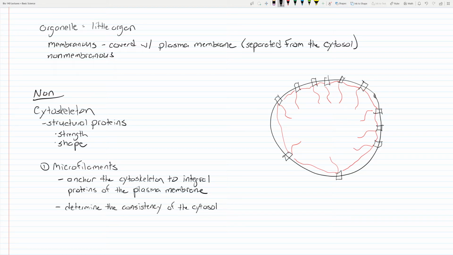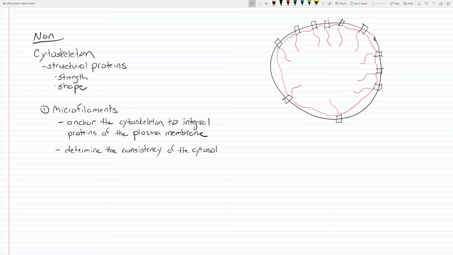Okay, so now after that, we have these things that are called intermediate filaments. Okay, and the function of these is durability.